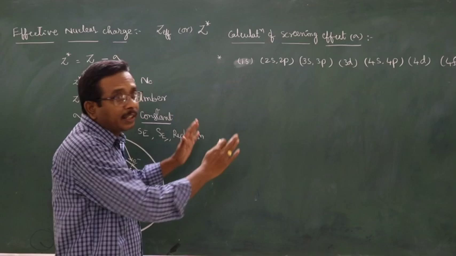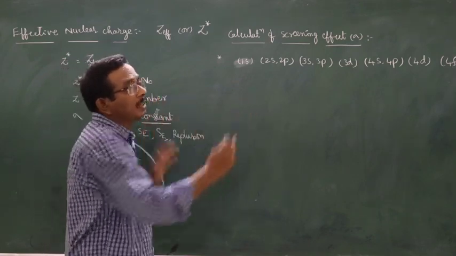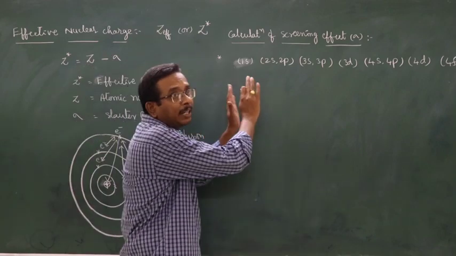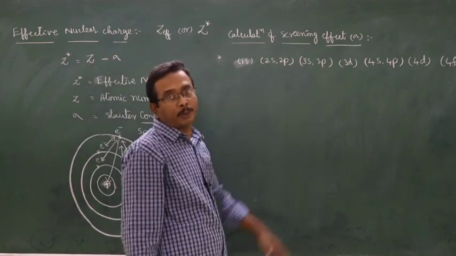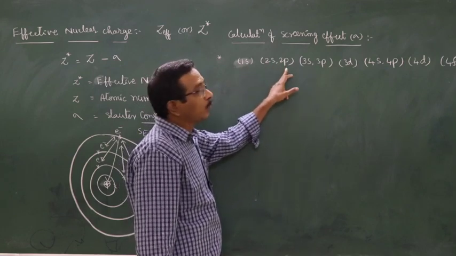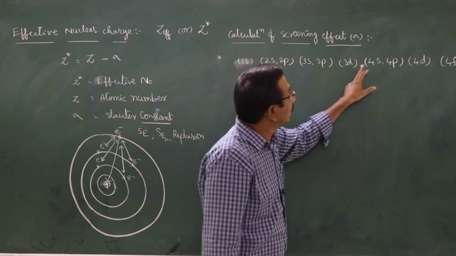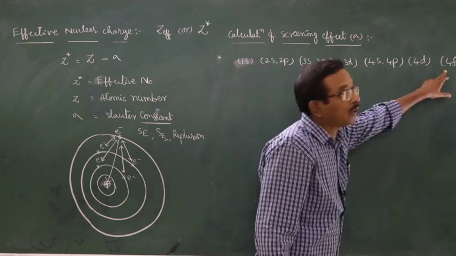In Slater configuration, the groups of different sub-energy levels are represented like this. This is against the above principle actually. 1s, first orbit; 2s, 2p, second orbit; 3s, 3p, 3d, third orbit; 4s, 4p, 4d, 4f, fourth orbit.